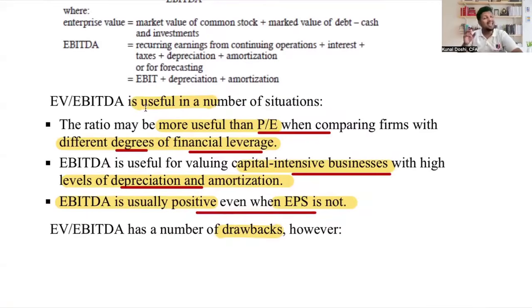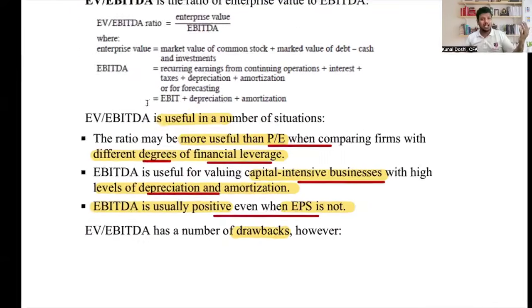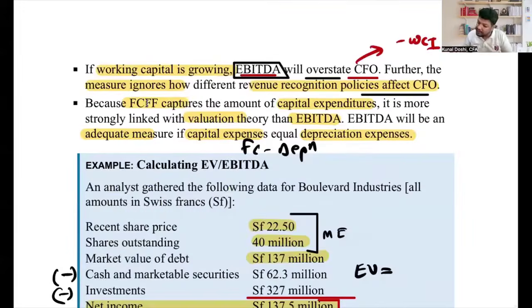But again, like any other model, EV/EBITDA has drawbacks because EBITDA is derived. EBITDA is not published by the companies, it is derived by the analyst, right? So if working capital is growing, EBITDA will overstate the CFO. Why is that the case? Because in the CFO calculation, we use changes in working capital.